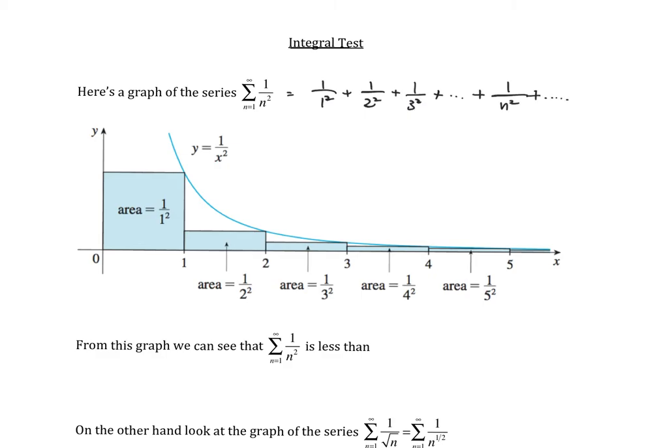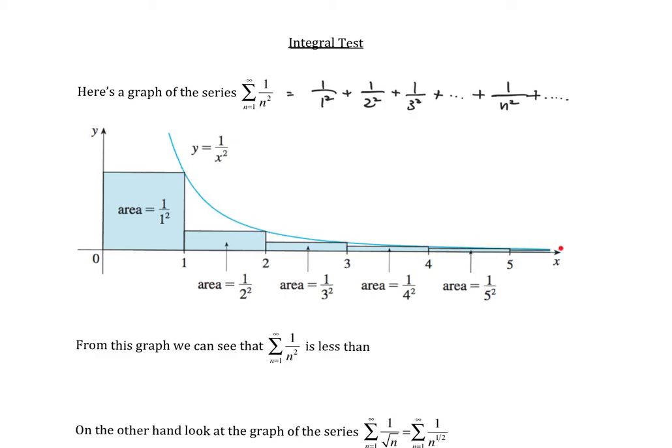Now I want you to take a look at a picture, which is sitting just below here. The first thing I want you to notice is that I'm taking this n and replacing it with an x, and I'm graphing this curve y is equal to 1 over x squared, which is in blue right here.